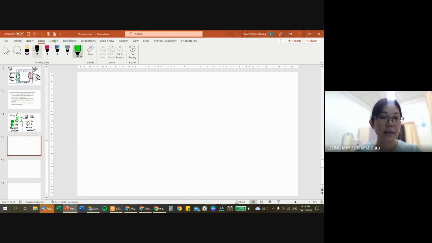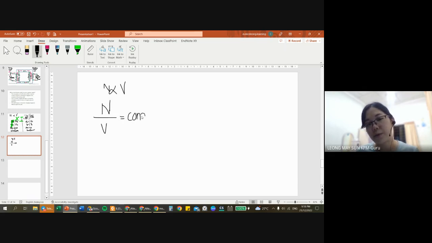Number two, okay, the formula in transformer. Because according to Faraday, number of turns is directly proportionate to the potential difference. So I have primary and secondary coil, isn't it? Number of turns is directly proportionate to potential difference. So if I want to put it at the equal sign, it will be number of turns over potential difference equals to a constant value.